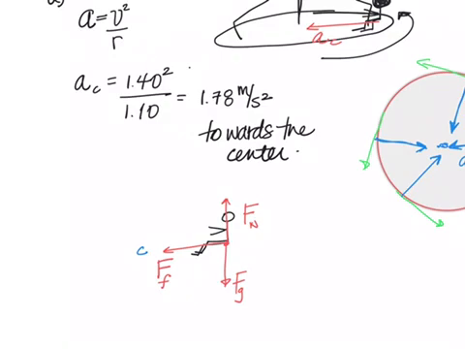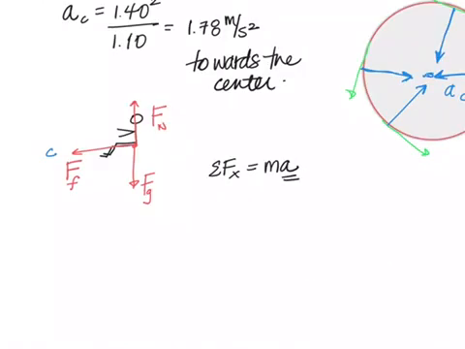So, if I'm looking for the net force, well, the net force in the horizontal direction would be equal to ma, and the acceleration in the horizontal direction is this center-seeking acceleration, and so we just need to solve for that.